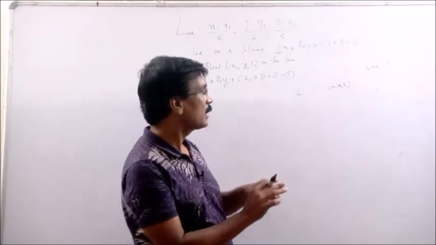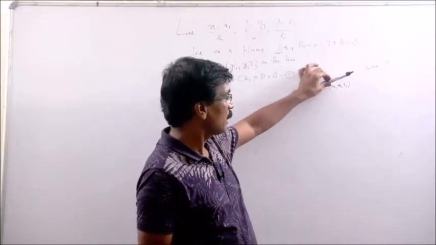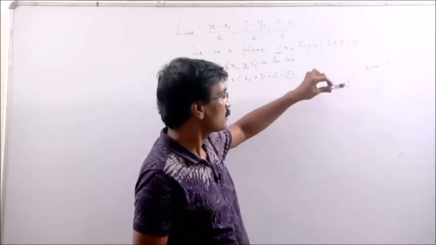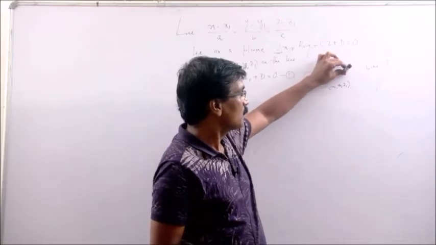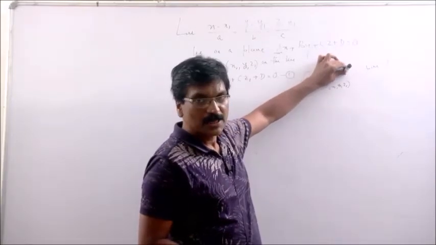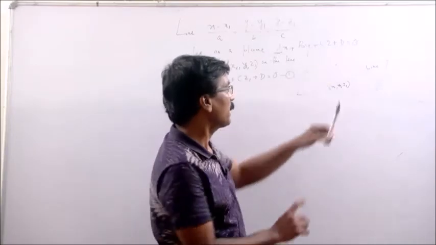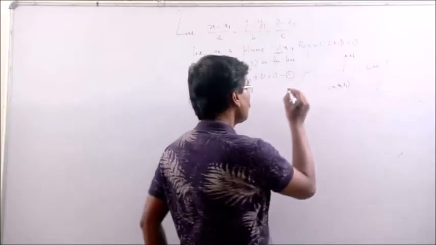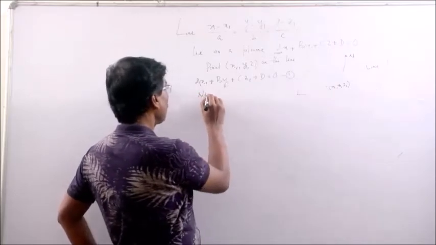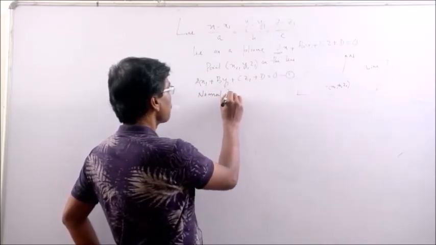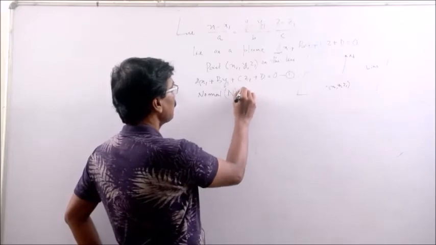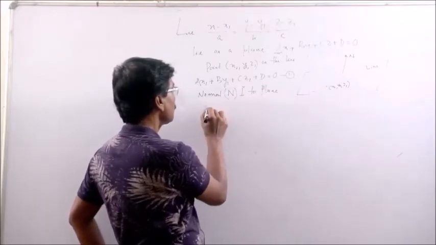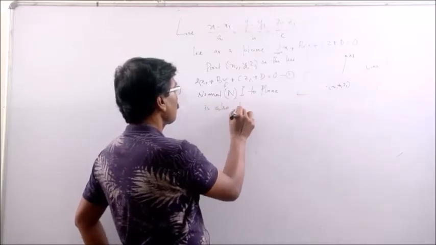It may so happen that the line intersects the plane and that is a common point. The second condition should be that the normal, which is perpendicular to the plane, is also perpendicular to the line. Suppose this is normal n, perpendicular to the plane, so it is also perpendicular to the line.